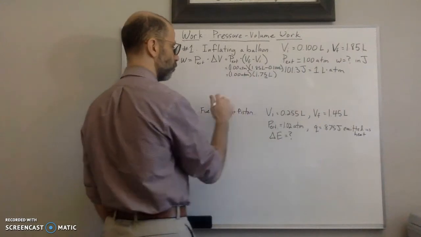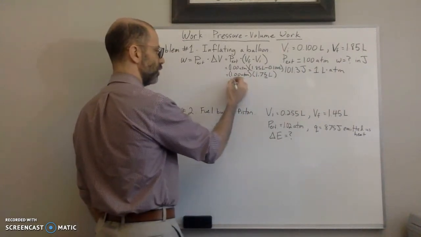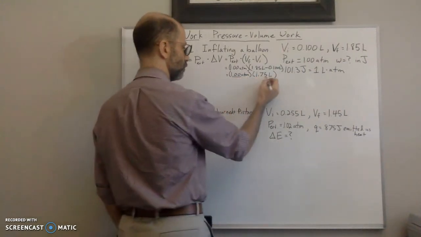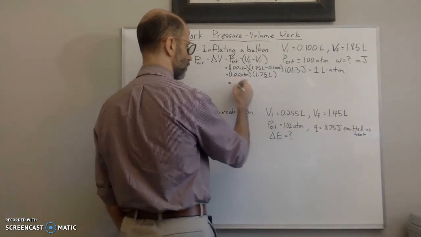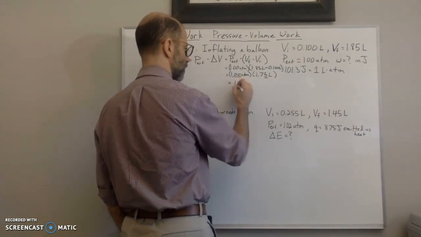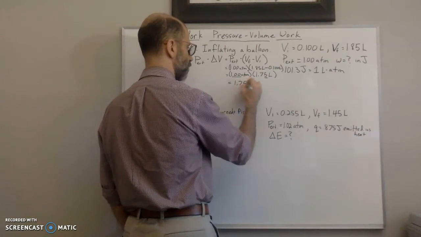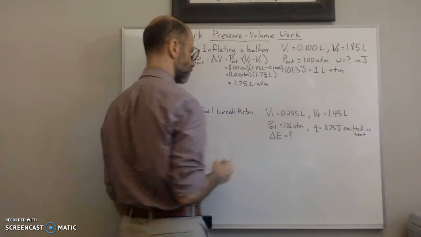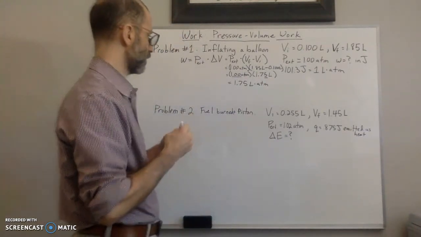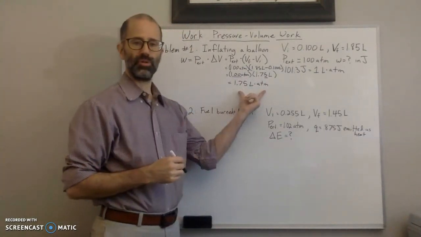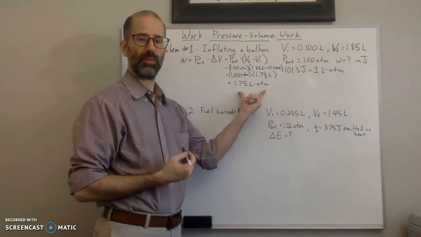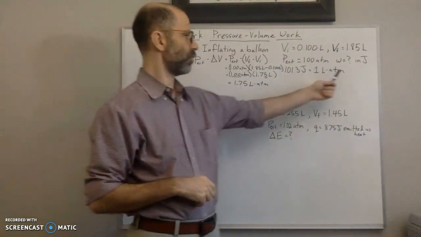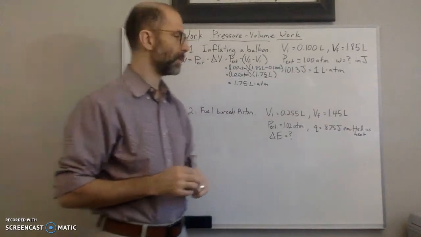1 times anything is 1, but I have to pay attention to sig figs. I have 3 sig figs and 3 sig figs, so my answer is in 3 sig figs: 1.75 liter atmospheres. That is the answer to this particular problem. However, I have to remember that they want the answer in joules.